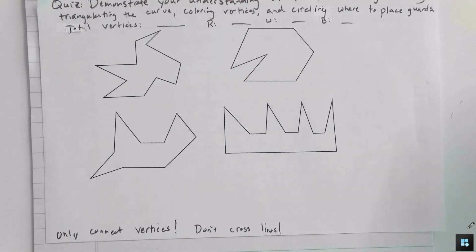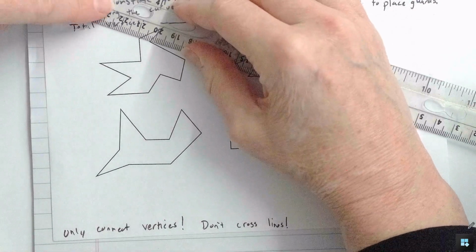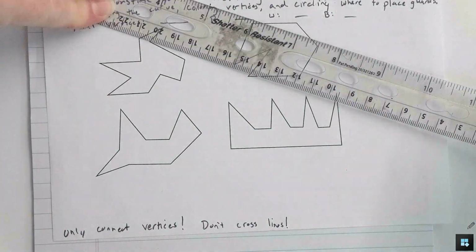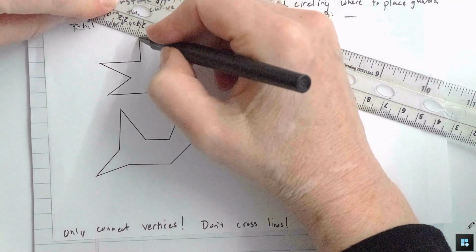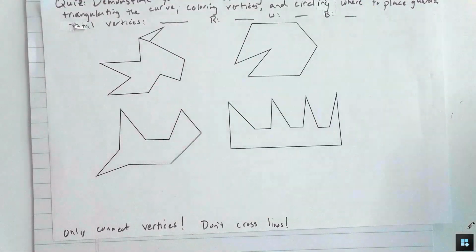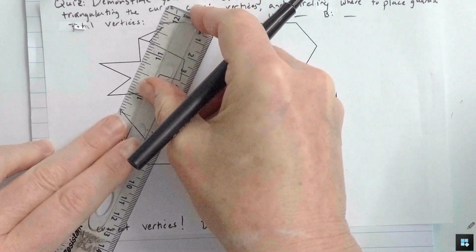So just pick out two corners and connect them. I was just going to start at the top, but that's, again, not the only way to do this. But it's a way. So just connect two vertices. If you've made a triangle, then you're done with that one area. I didn't make a triangle below, so I'm going to make another line.